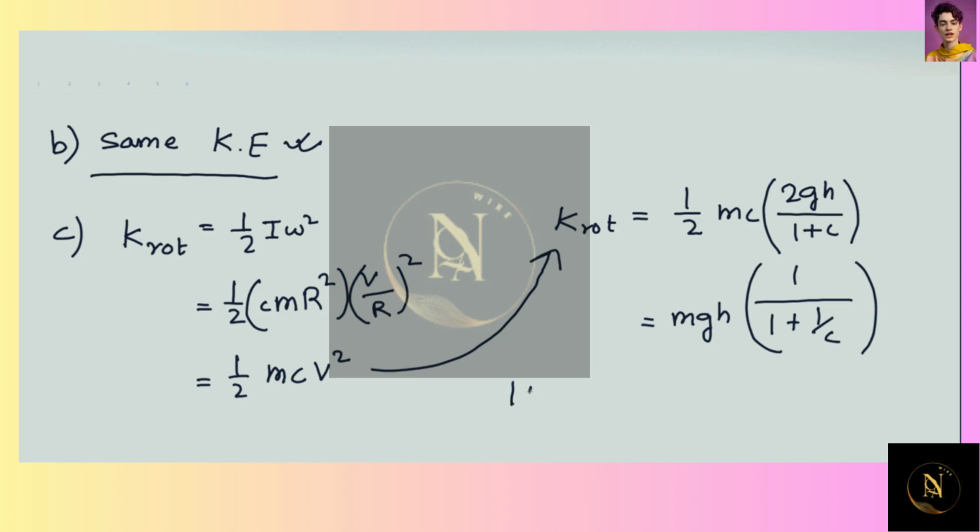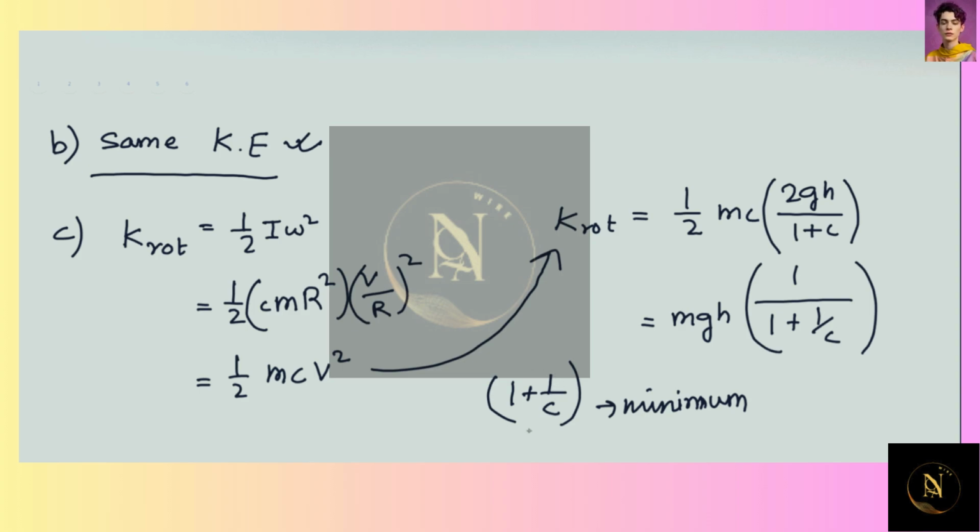So 1 plus 1 by c must be minimum, and if that's minimum, then overall this term becomes the maximum, and hence we have the maximum rotational kinetic energy. And how do we make this minimum? Again, we have a c factor here. If c is very large, then this term is very small. On the other hand, if c is very small, then this term is very large.